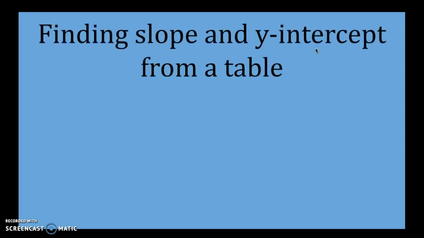And if there's anything in here that you still are not quite comfortable with or understanding, you're going to want to make sure that you let your teacher know. So this week's topic, specifically one of the topics we're talking about, is finding slope and y-intercept from a table. Hopefully you're thinking slope, y-intercept kind of sounds familiar, and I know what a table in math looks like.